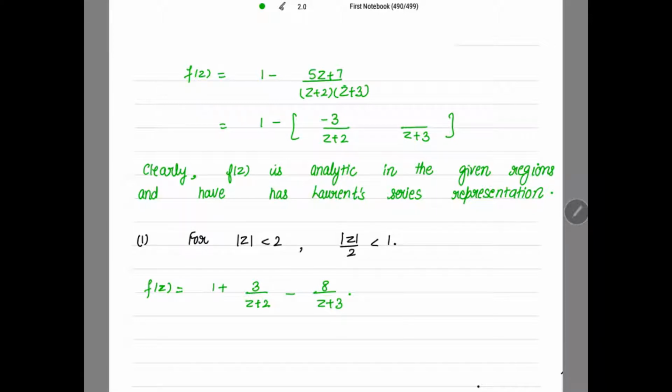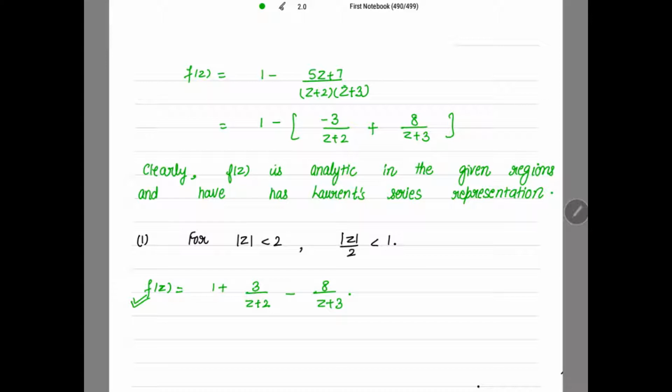Now z + 3: if you put z + 3 equal to 0, you will get z = −3. Put this value in (5z + 7) over (z + 2), except z + 3, and you will get 8. So your final f(z) is coming out to be, if you open the bracket, 1 + 3 over (z + 2) − 8 over (z + 3).